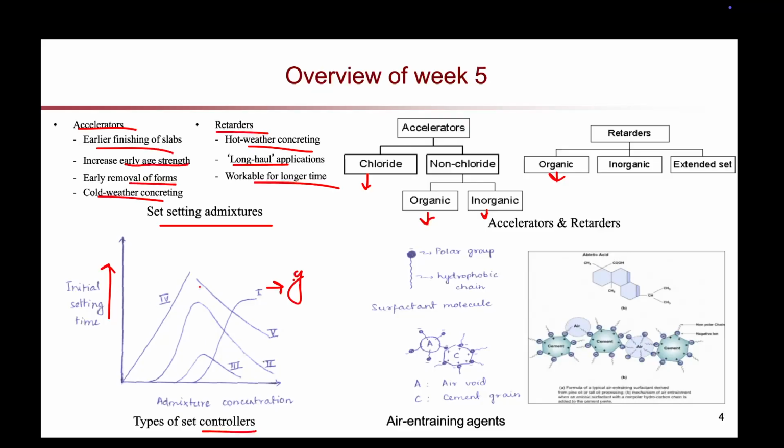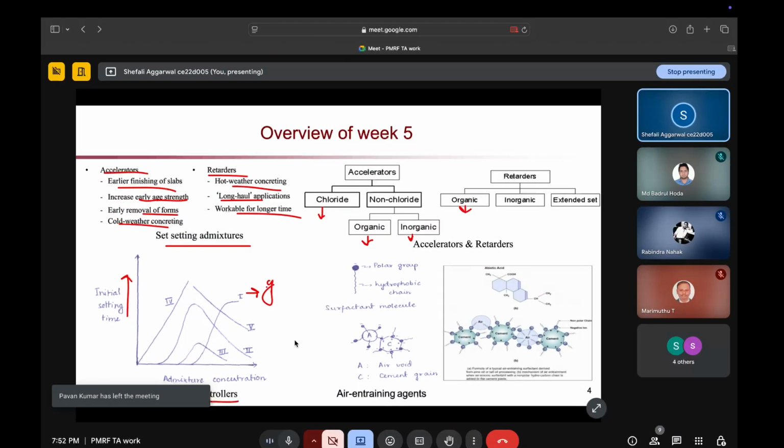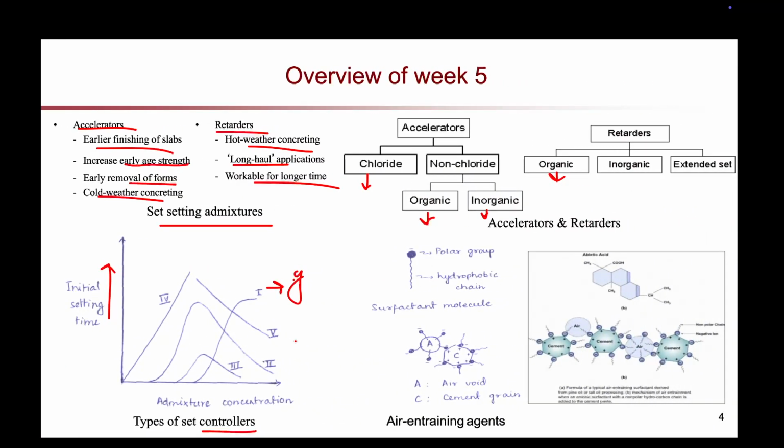And type 5 is when you increase admixture concentration, your setting time decreases. Examples are like tartaric acid, formic acid, those kinds of things. These are a few set controllers, their examples, and a few properties of them.